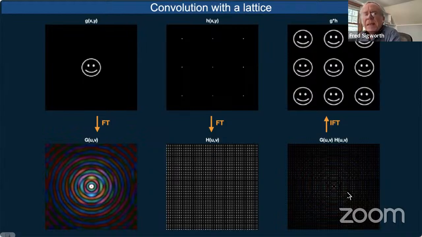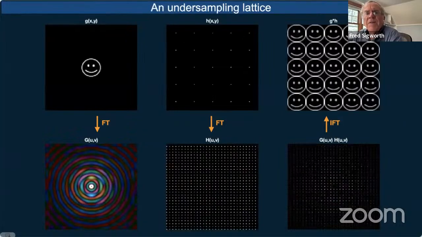So if you take the continuous transform and you sample it at discrete points, and you do the inverse Fourier transform, you get a lattice of your original object. And if you pick the wrong lattice, you get overlap. You get what's called aliasing from not sampling the original transform finely enough.